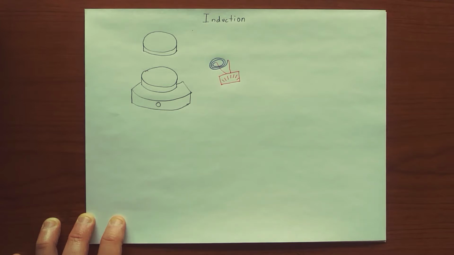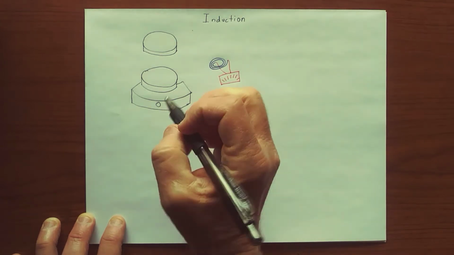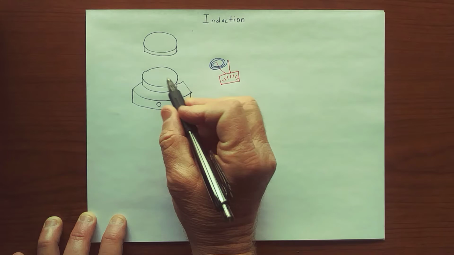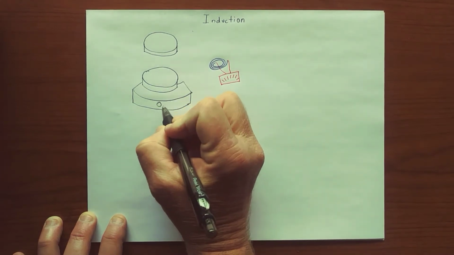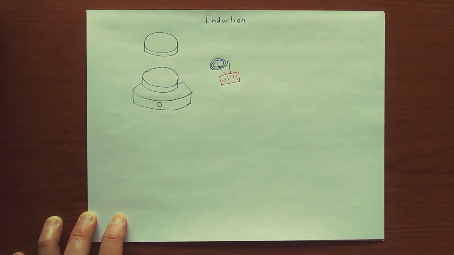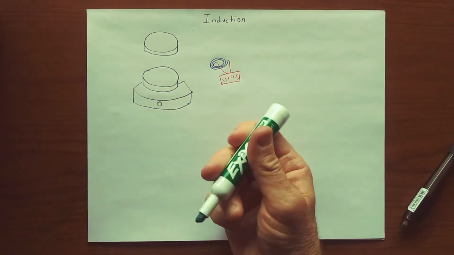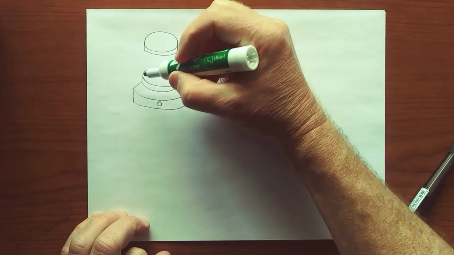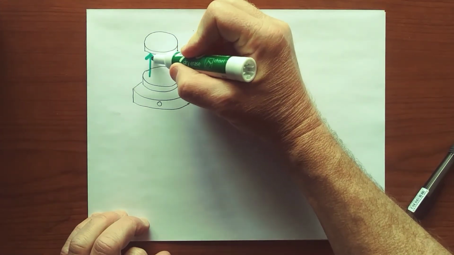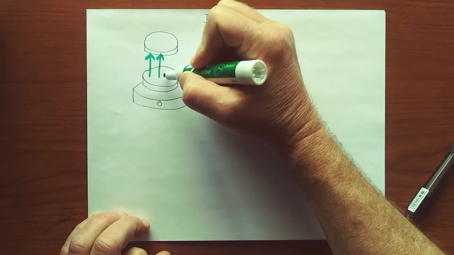So we're going to imagine doing a series of experiments, and here is an electromagnet. If I turn this knob to the on position, we can turn a magnetic field on. So let's say I turn the knob and I can produce a magnetic field, say that looks like that.